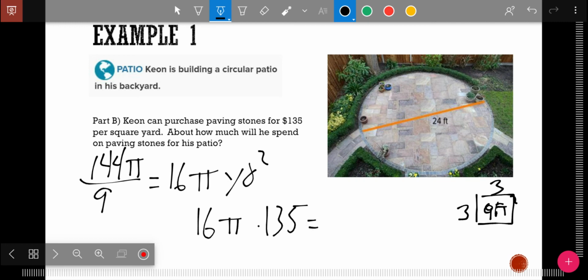I'm just going to grab a calculator and times them all together. 16 times pi times 135, and I want to round here. I want to say it's $6,786. And if you started with the 452 number, you'd probably get like 6,780. You'd be in the ballpark for that answer.